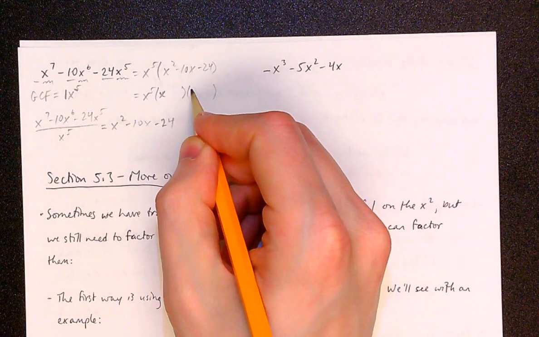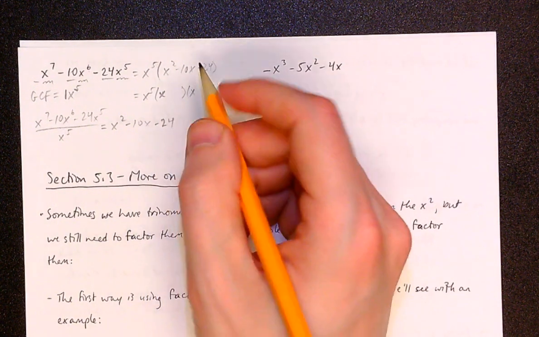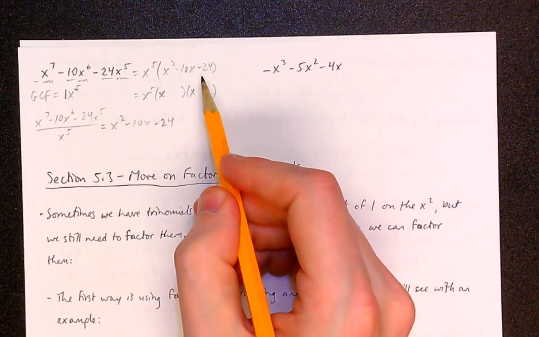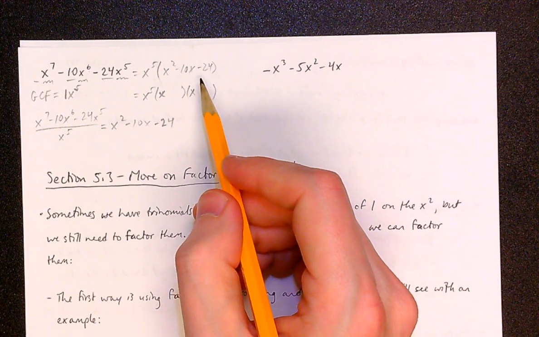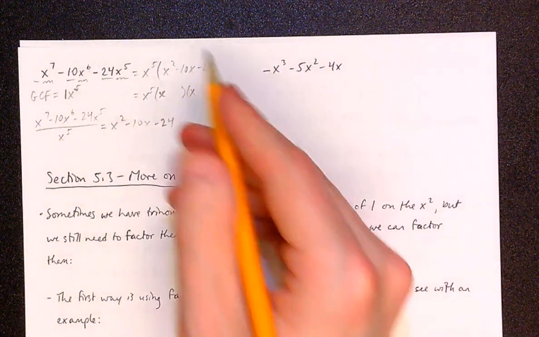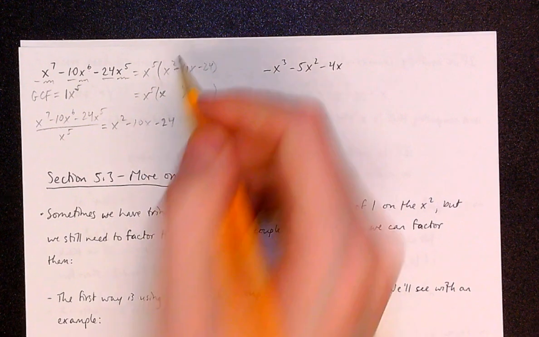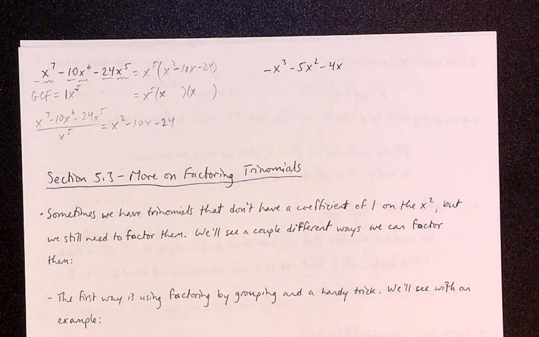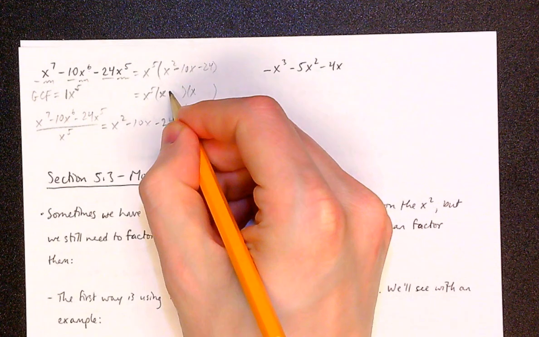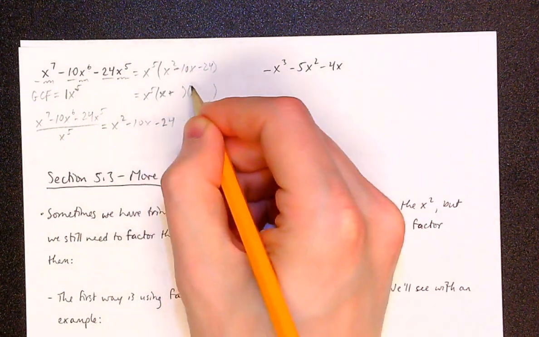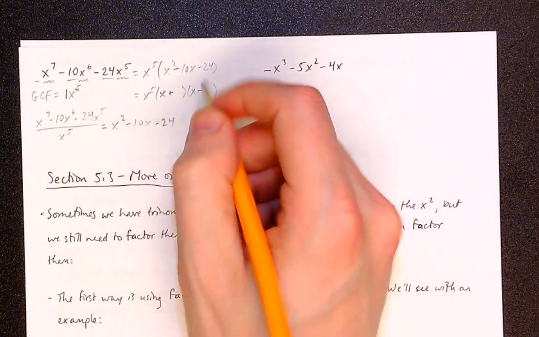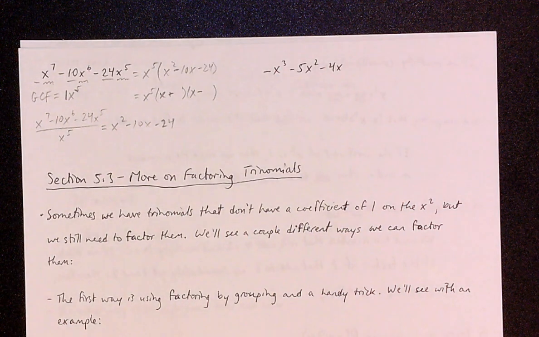So I have an x and I have an x. I need numbers that multiply to negative 24 and add to negative 10. The fact that I'm multiplying numbers to get a negative number means that one number has to be positive and the other one has to be negative. So we'll put a plus in one spot and a minus in the other.